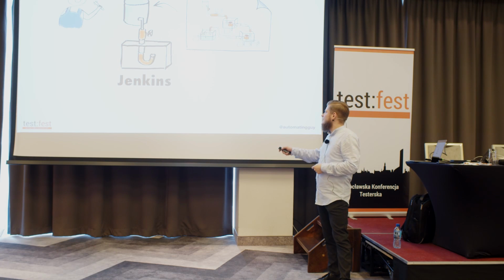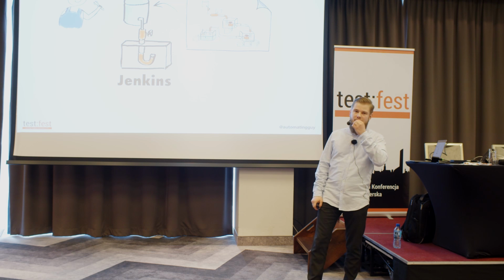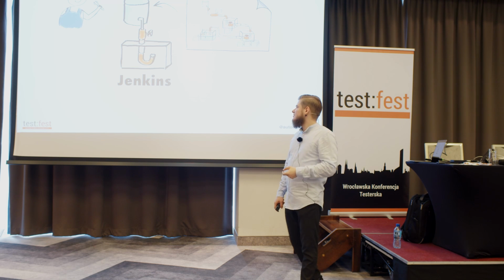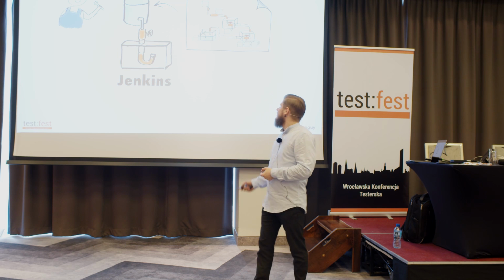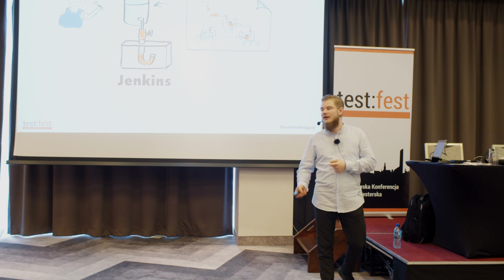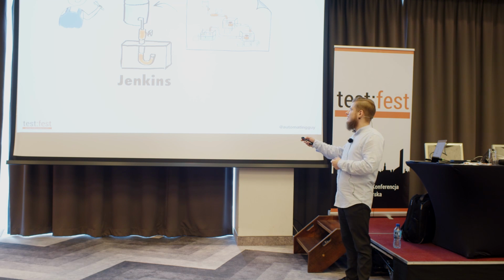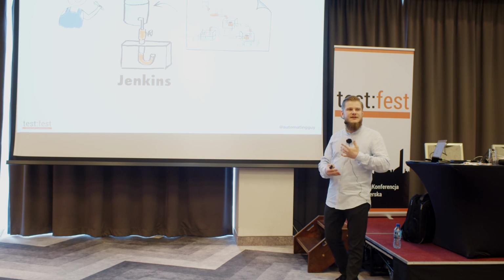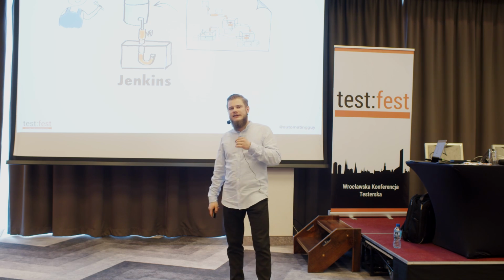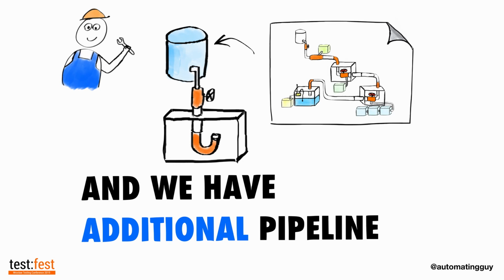We are going to use Jenkins, so our dream team is a fan of open source solutions, so they're going to use Jenkins. Since this is code, we can store that in a Git repository, right? And then check it out and feed it into Jenkins itself. And this is when you actually realize that you have created an additional pipeline.